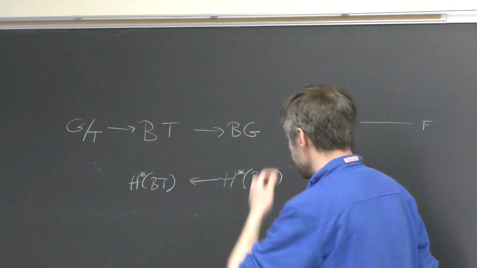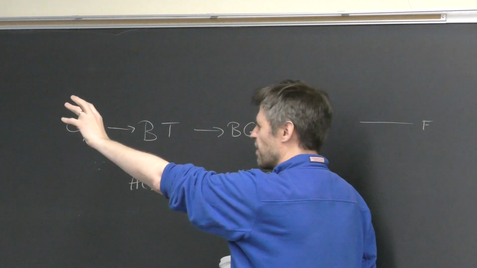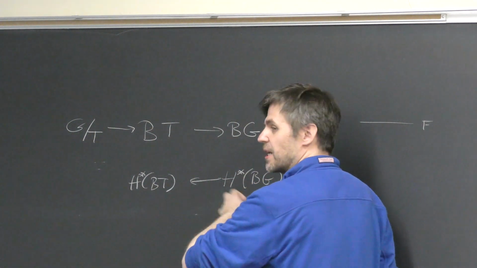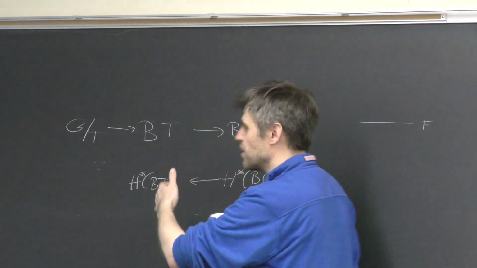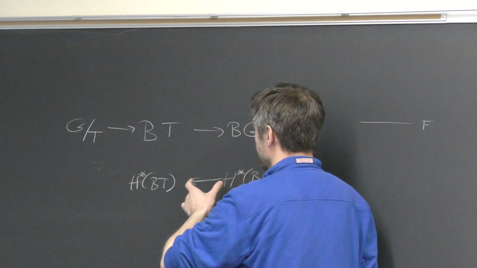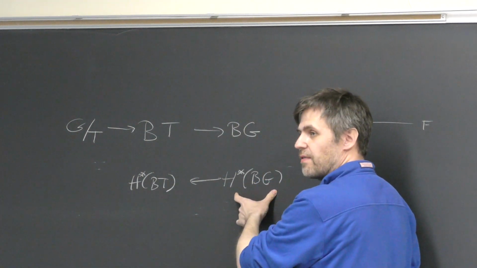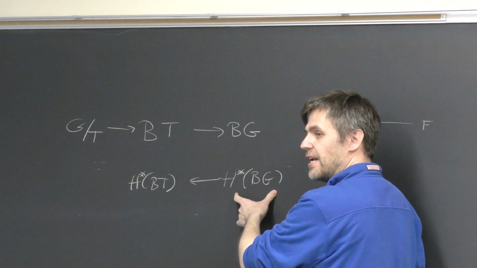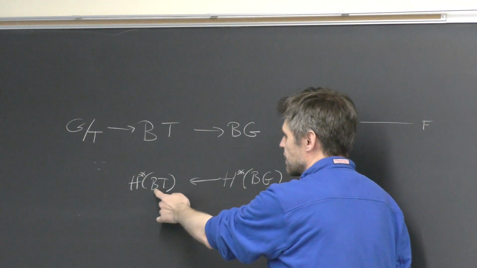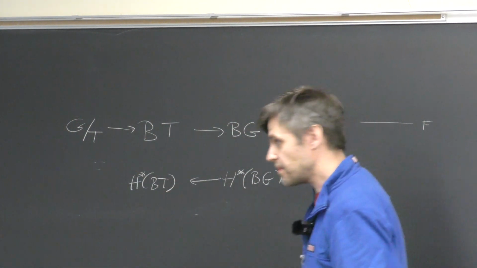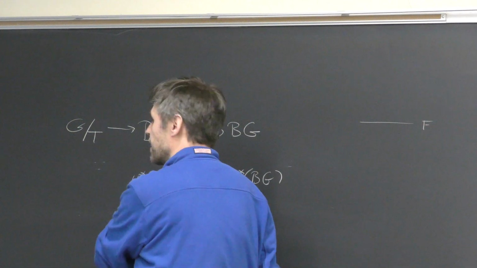So if the formality were to hold, this map should be injective. But we know there are plenty of cases where this cohomology has torsion. Say for SO3, in H3, this has torsion, and this has no torsion. So this map cannot be injective.